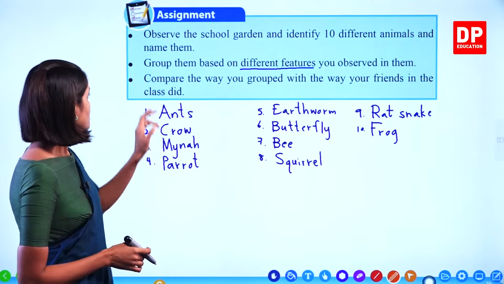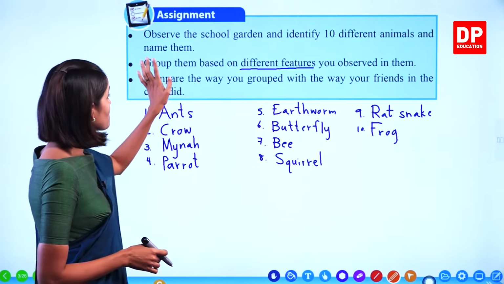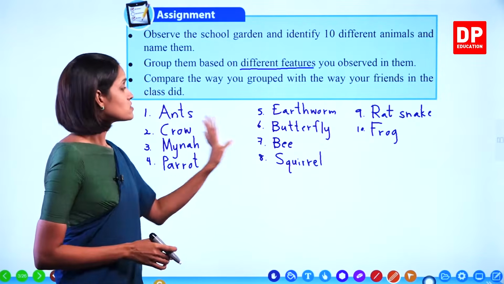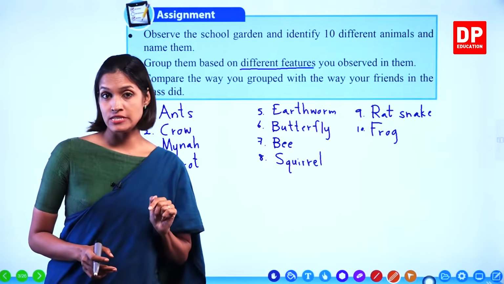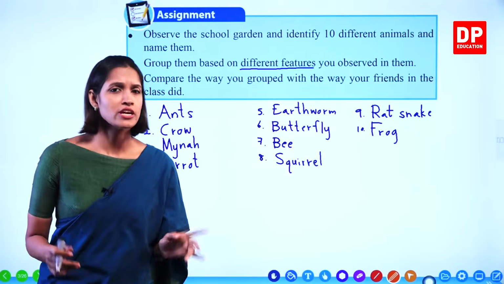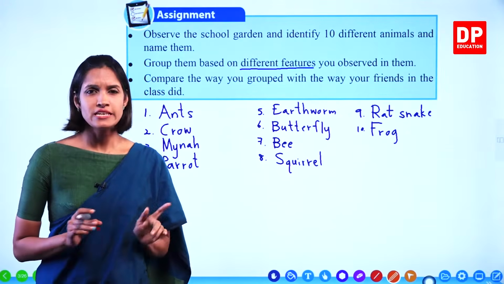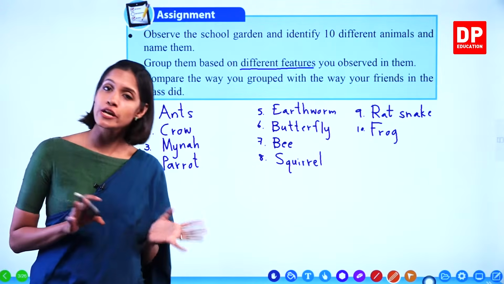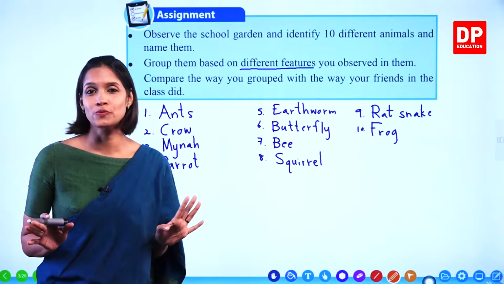Okay, children. Now step 2, group them based on different features you observe in them. So here I am going to use as the first feature their mode of locomotion. What is locomotion, children? Yes, locomotion means animals moving from one place to another place. That is known as locomotion.